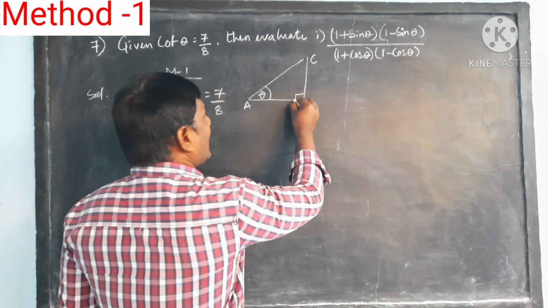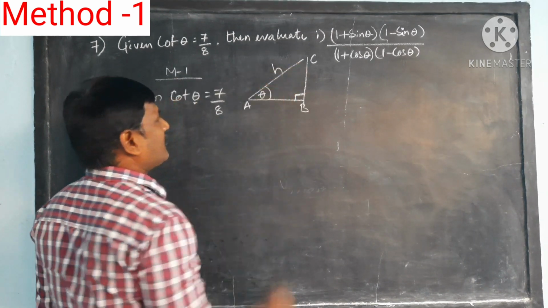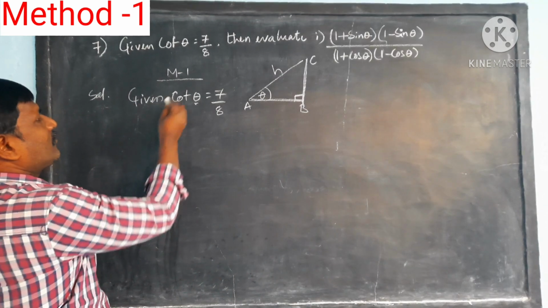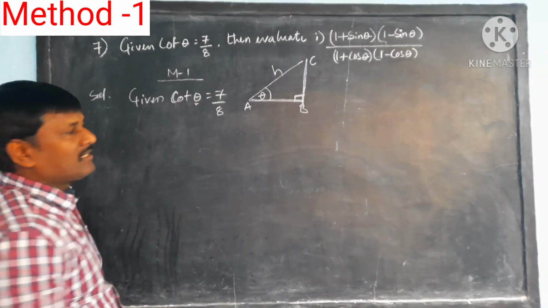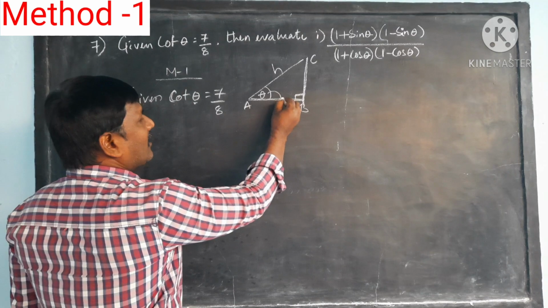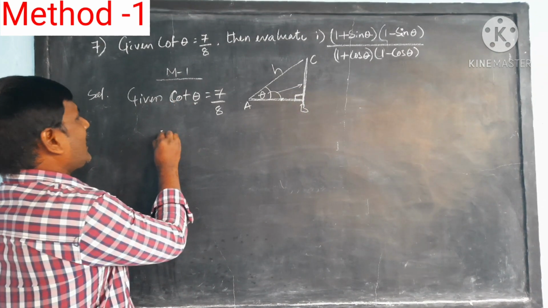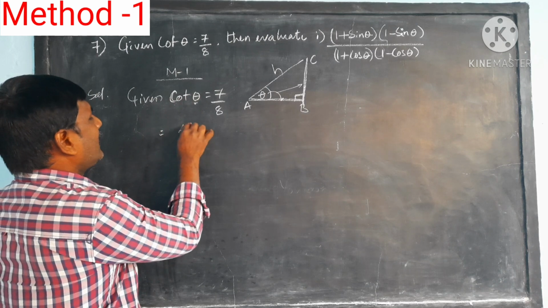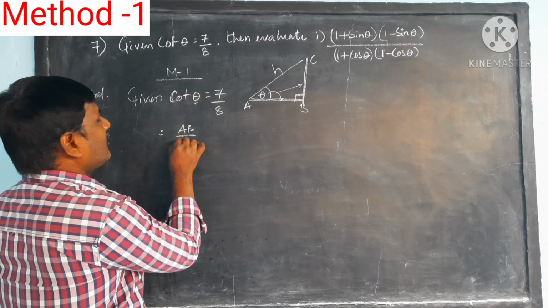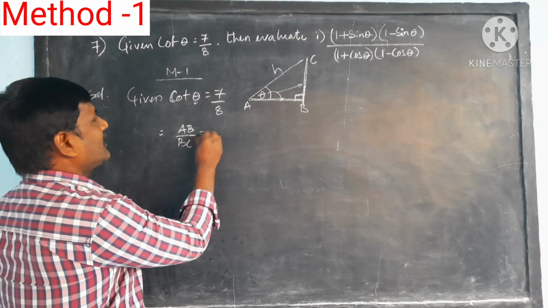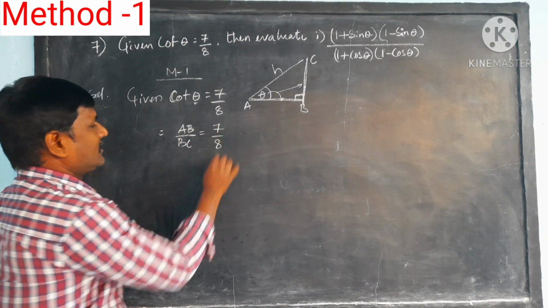The side opposite the right angle is the hypotenuse and these two sides are perpendicular sides. Now we have to know that cot theta means the adjacent side to theta divided by the opposite side to theta. Now instead of cot theta we can write AB by BC. You can write AB by BC is equal to 7/8.